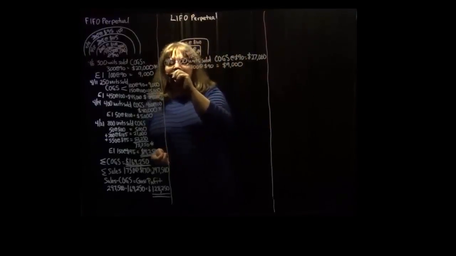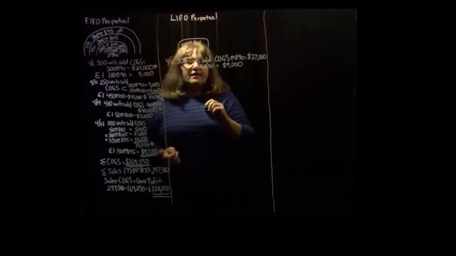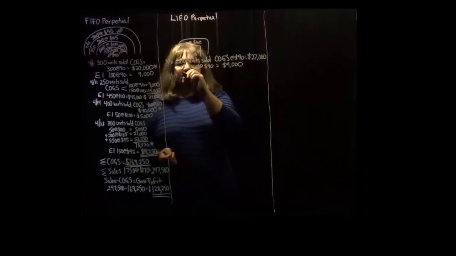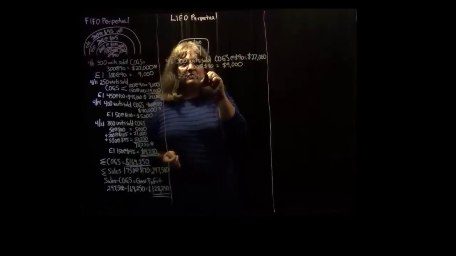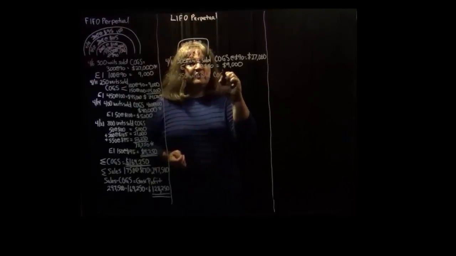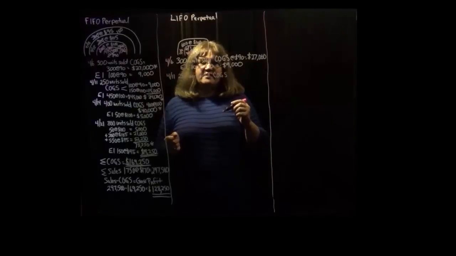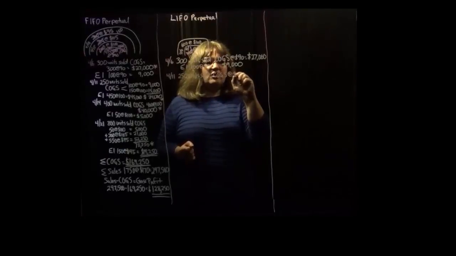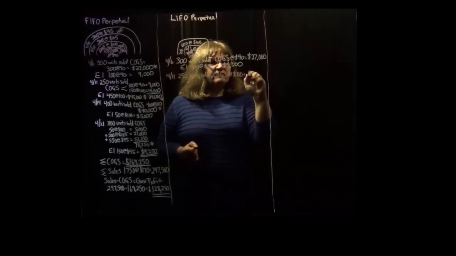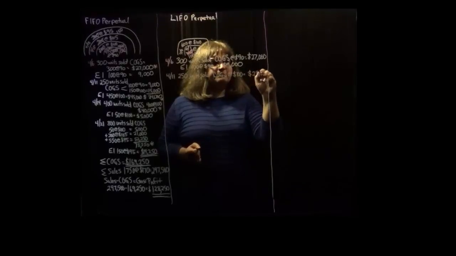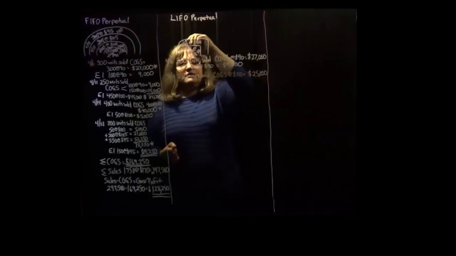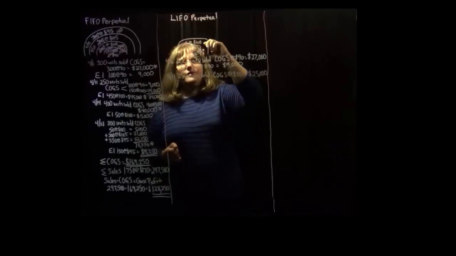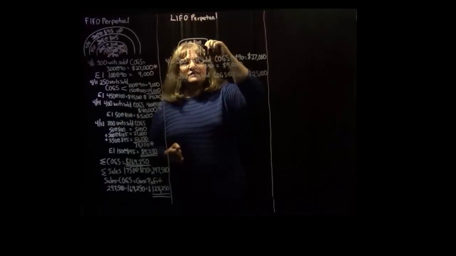And then we get to April 11th and we make another sale. This sale is for 250 units. And with this last in, first out method, we're going to assume that those 250 units came from that top layer. And so we're going to take those 250 all at a cost of 100 each, and that's going to give us cost of goods sold of 25,000. So we take 250 away from there. 600 minus 250 is going to equal 350.